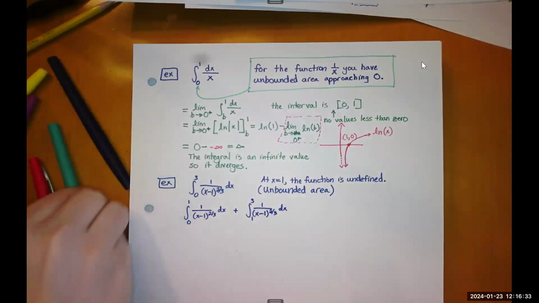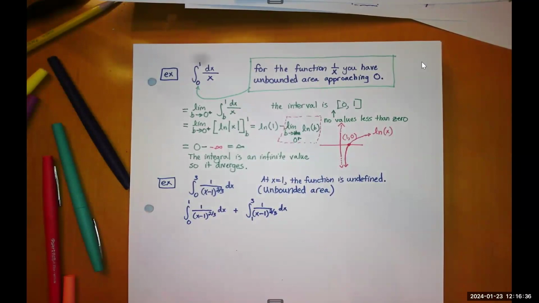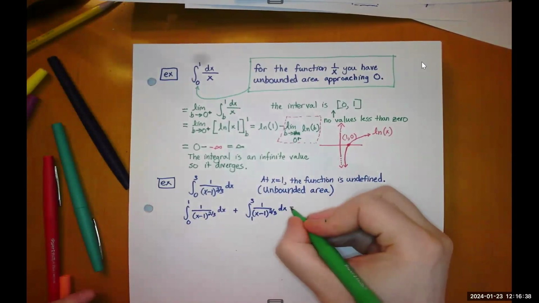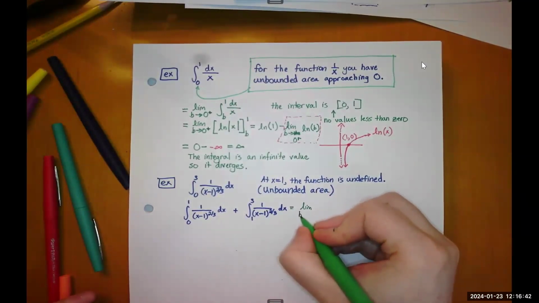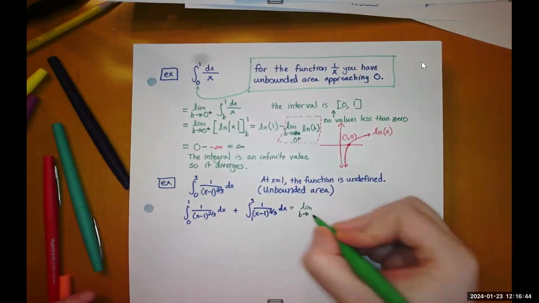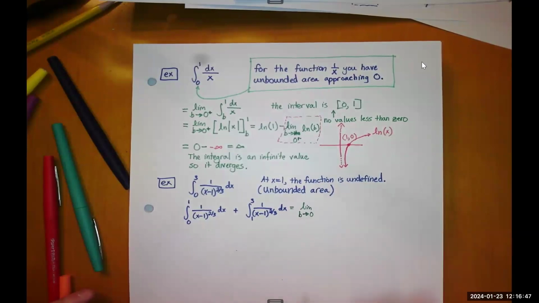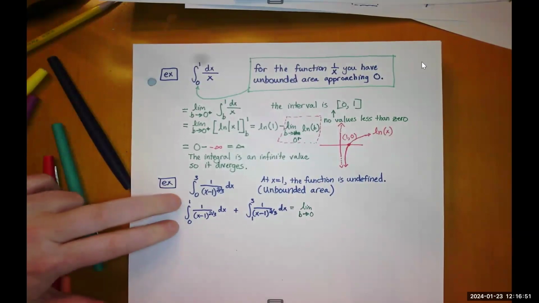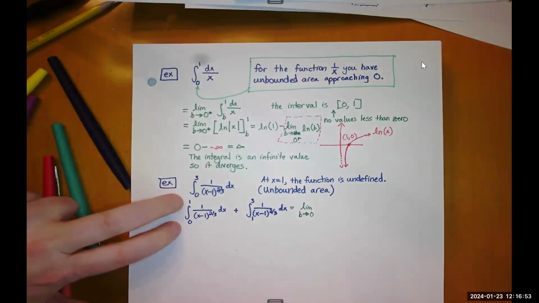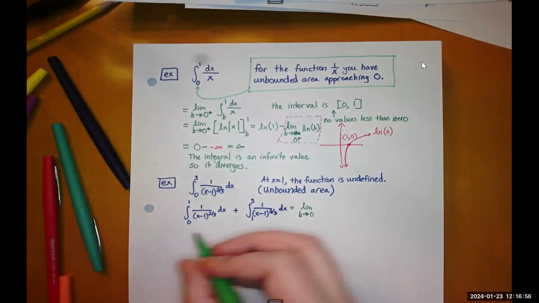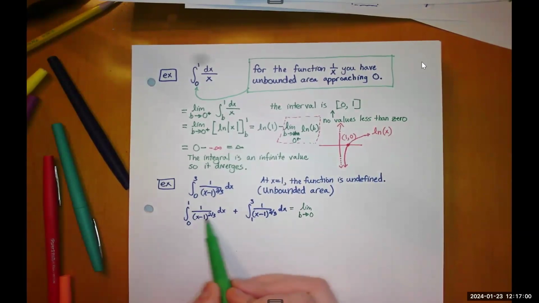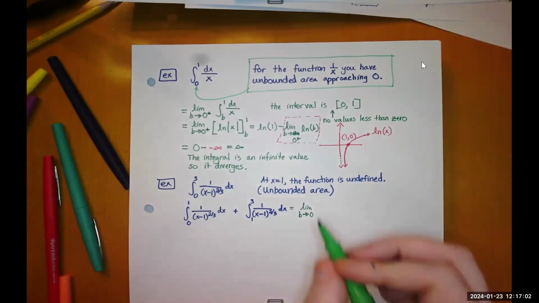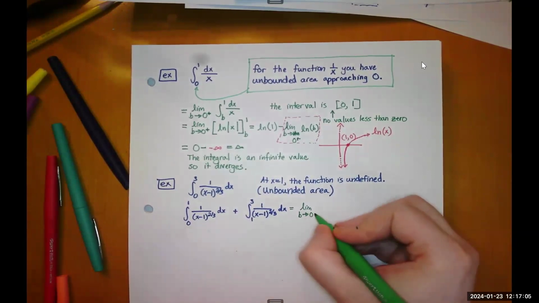I mean, we still have to write both of these as a limit statement. So I'm going to use B for this first one. This time I'm going to be careful. Unlike my previous mistake, I'm going to think about this interval. It's from 0 to 1. We can only approach 1, because it's the right endpoint, from the left.